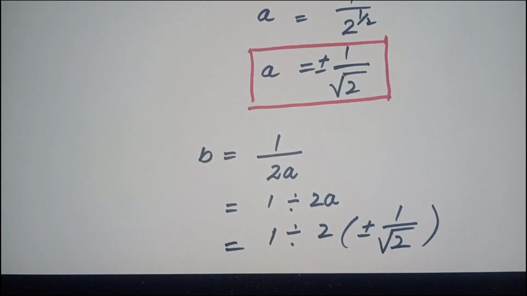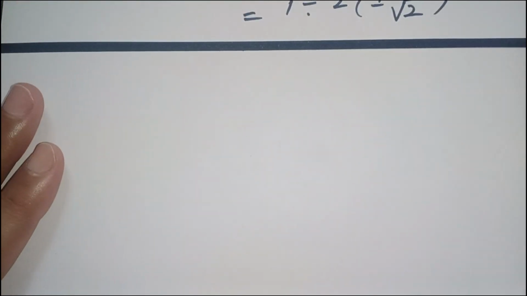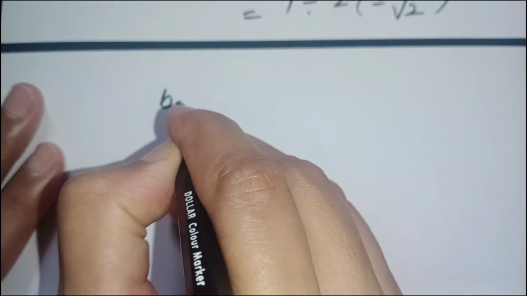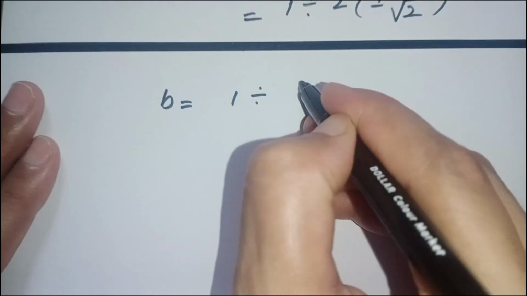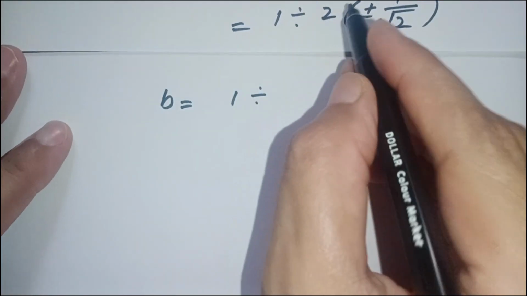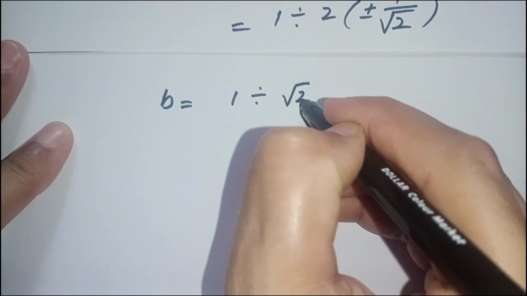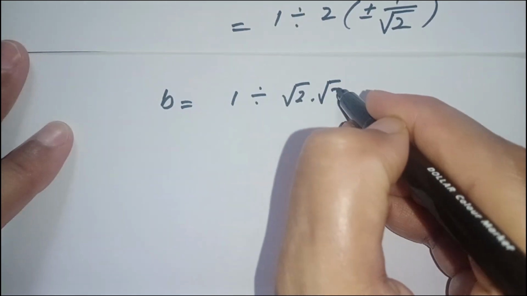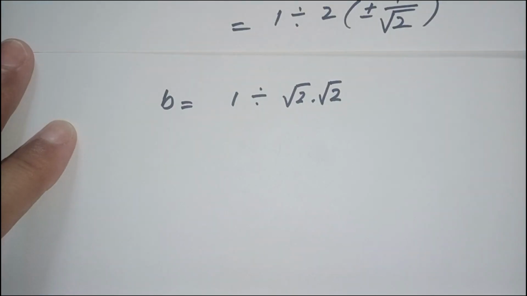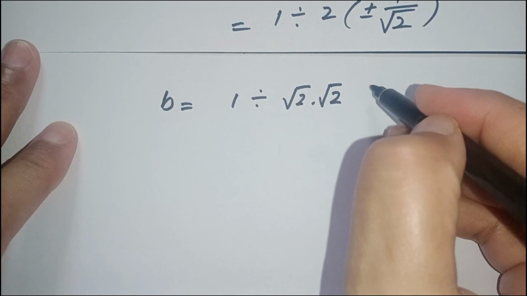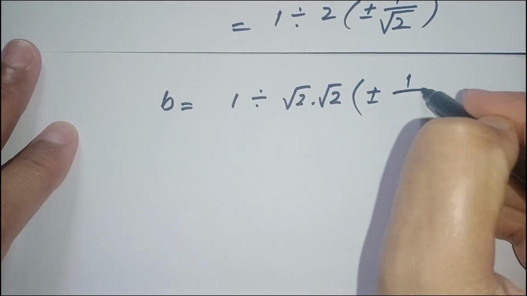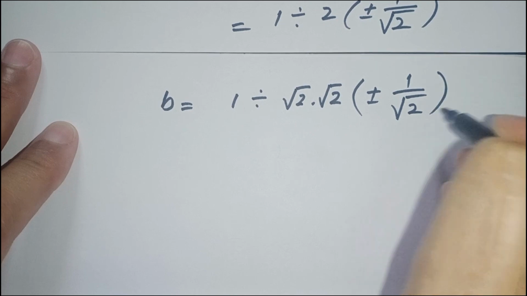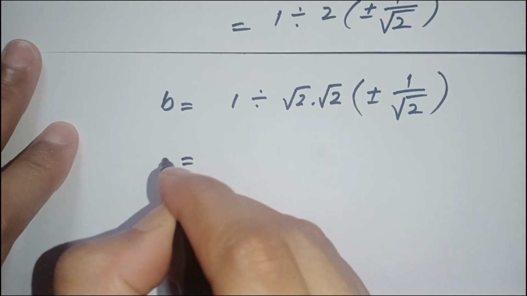So in the next step we can write b is equal to 1 divided by 2. Here we are going to use a trick: we can write 2 as square root 2 times square root 2. It will change nothing, it will create no difference, times plus or minus 1 over square root 2.